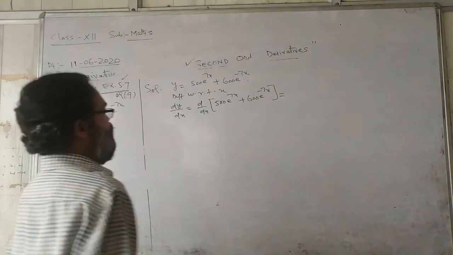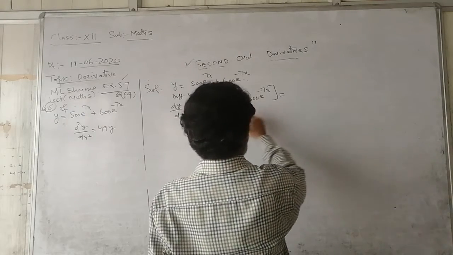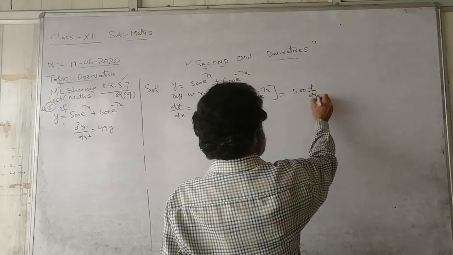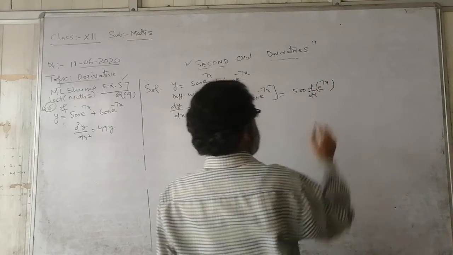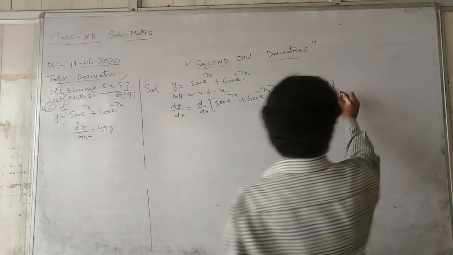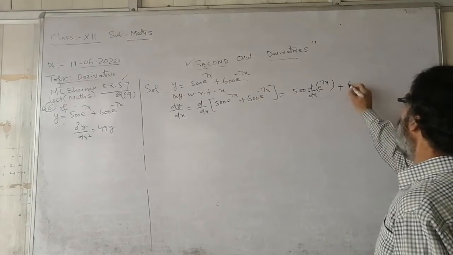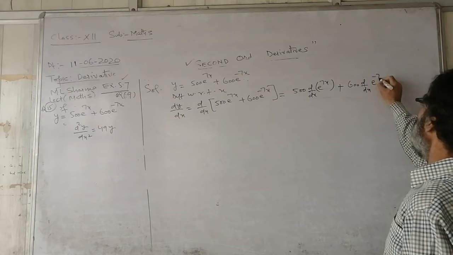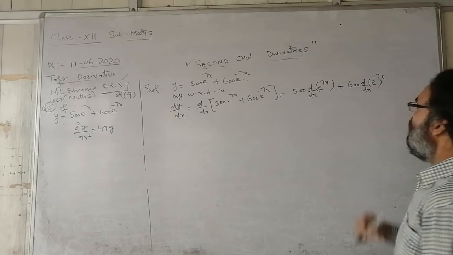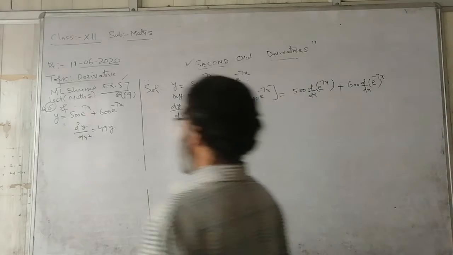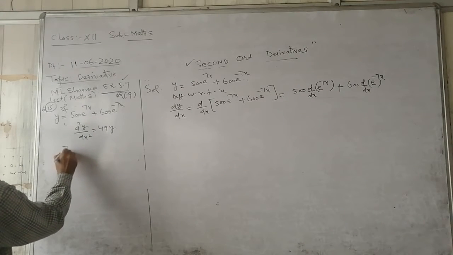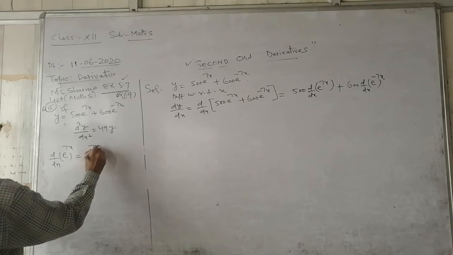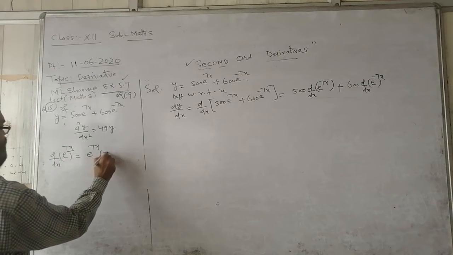Now I can take 500 outside and the derivative of e raised to power 7x, plus this 600 can also be taken outside. So d upon dx of e raised to power 7x, the derivative of e raised to power 7x is equal to e raised to power 7x into derivative of 7x, that is 7.